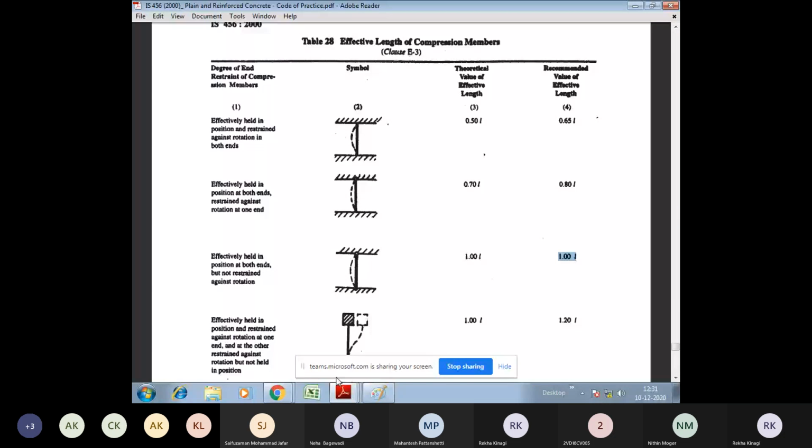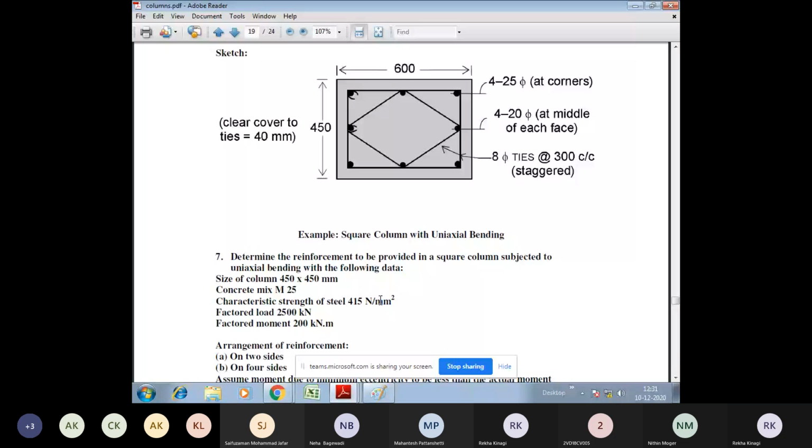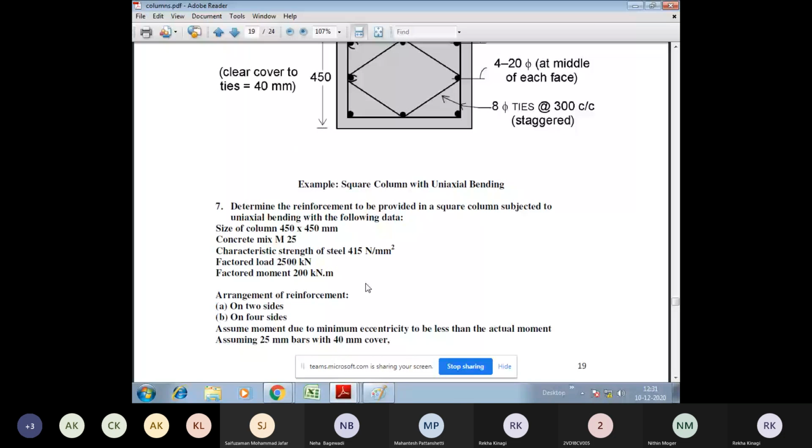Okay, let's start with a numerical example now. Determine the reinforcement to be provided in a square column subjected to uniaxial bending with the following data. Size of the column is 450 mm by 450 mm. It is a square column. Concrete mix is M25. Characteristic strength of steel is 415 Newton per mm square.